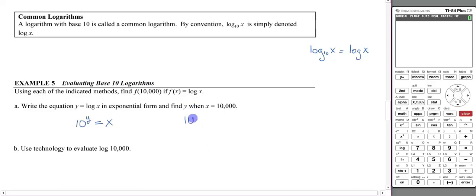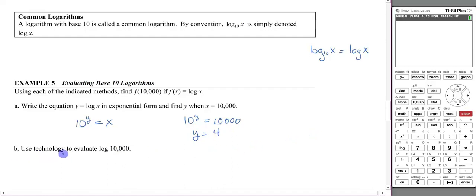So we replace the x with 10,000. We're trying to find out what exponent we would put on 10 to turn it into 10,000. An exponent of 1 would give us 10, an exponent of 2 would give us 100, an exponent of 3 would give us 1,000, an exponent of 4 would give us the 10,000. So y is 4.